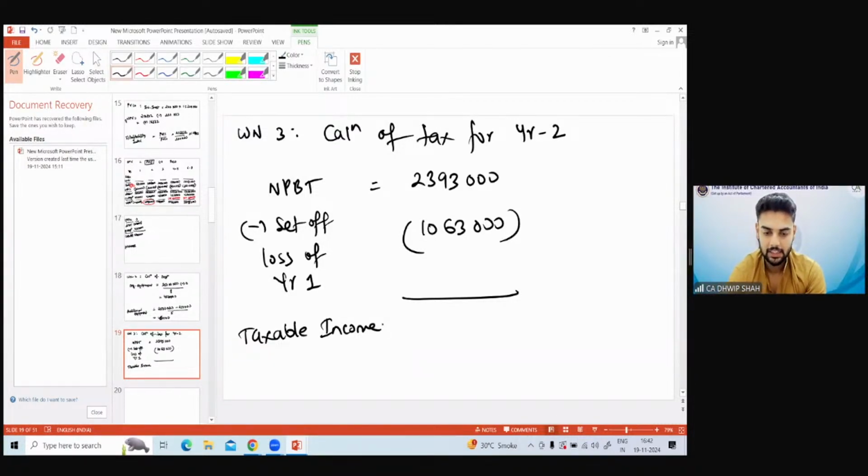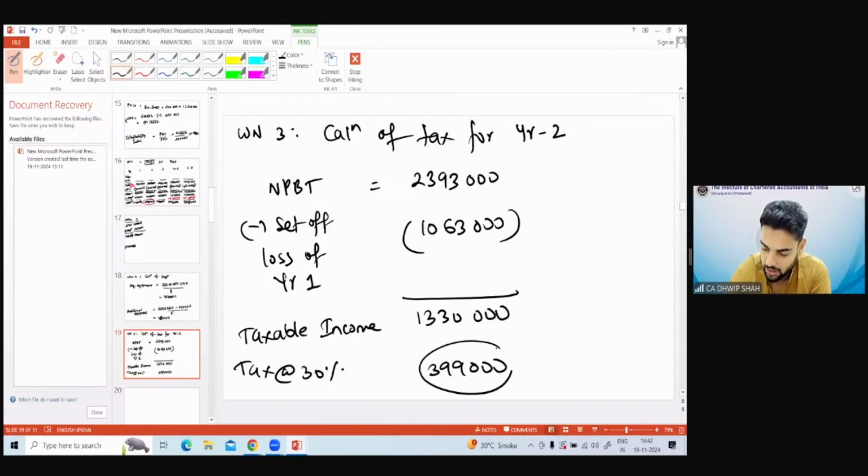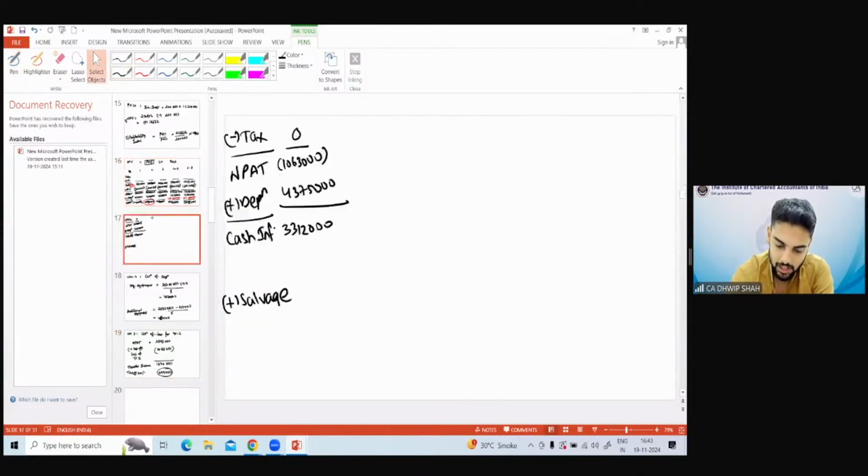This is my taxable income, which comes to 1330. So I will just pay tax on 1330 and not on 2393. Are you following, friends? So my tax would be 399, 3,99,000. Correct? So here in year 2, my tax would be 3,99,000. Hope everyone understood this.